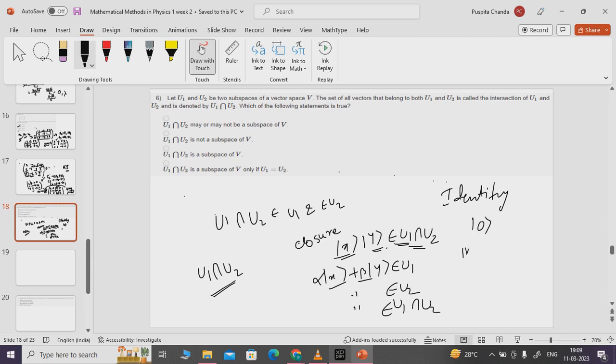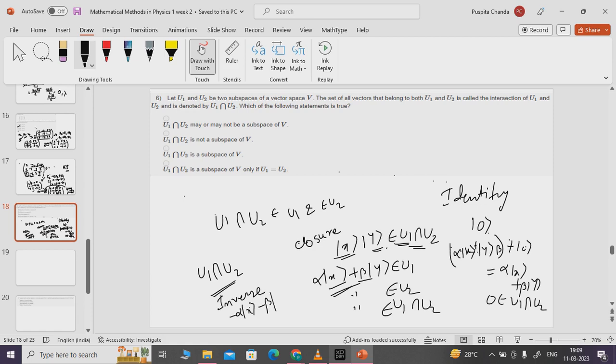If we add 0 to alpha x plus beta y, we only get alpha x plus beta y. 0 belongs to U1 intersection U2, and the inverse also belongs to it.